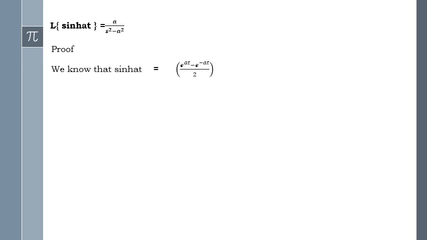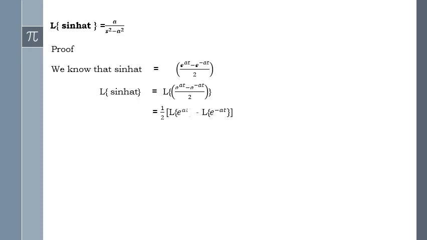Next we move to hyperbolic function sin h at and cos h at. We all know that hyperbolic function can be written in terms of exponential function. Sin h at is nothing but e power at minus e power minus at by 2. So Laplace transform of sin h at is nothing but Laplace transform of e power at minus e power minus at by 2.